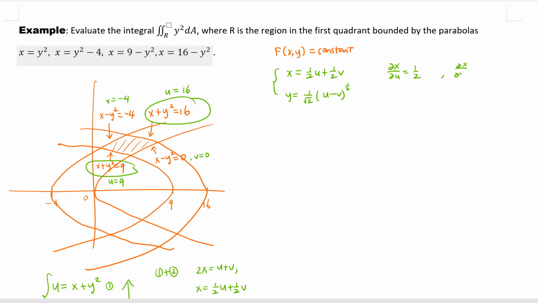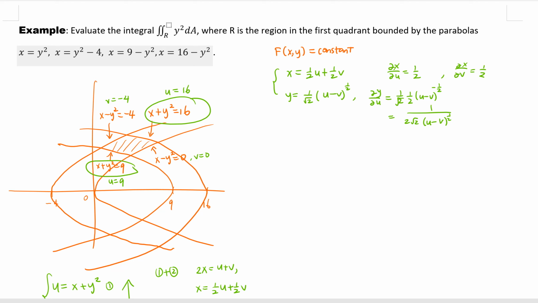Okay, so partial x partial u is 1/2. Partial x partial v is 1/2. This is easy. But partial y partial u, chain rule. So chain rule, 1/2 u minus v to the minus 1/2 times derivative with respect to u is 1. So this is 1/(2√2) and then u minus v to the 1/2 in the denominator.